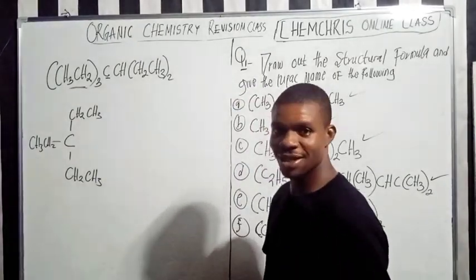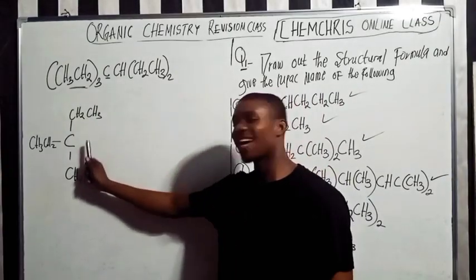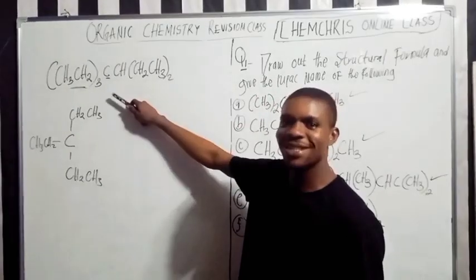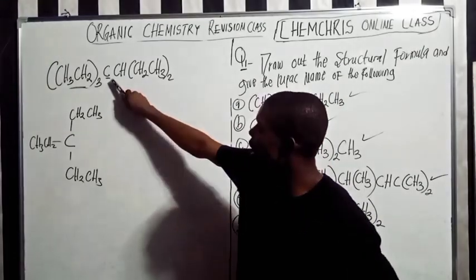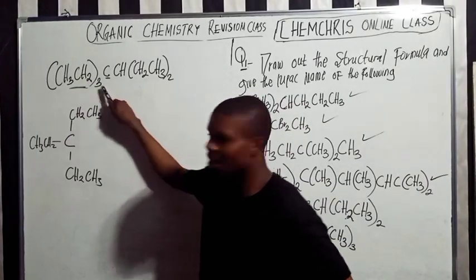Can you see that? Do you understand? Look at it here. Follow along. You are distracted, you are pressing your phone. Look here: this carbon has this group 3 times.